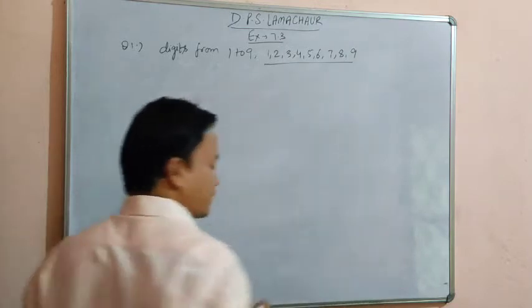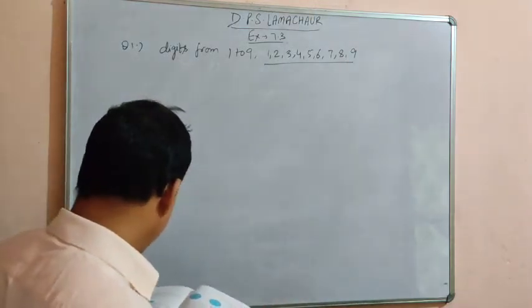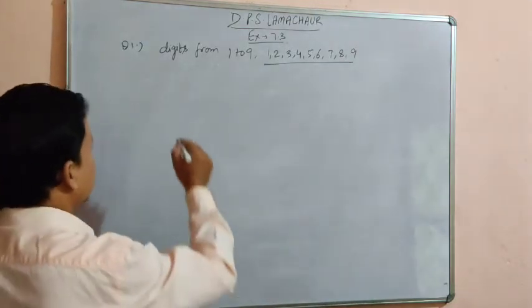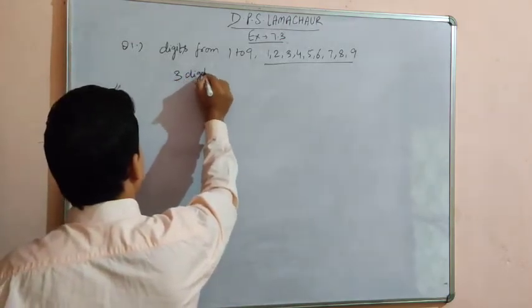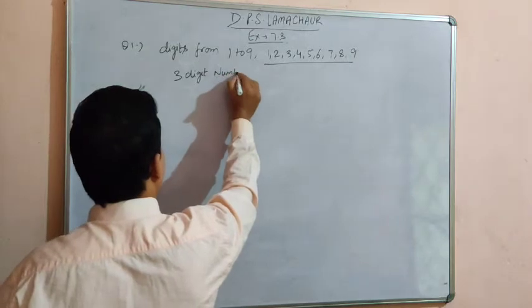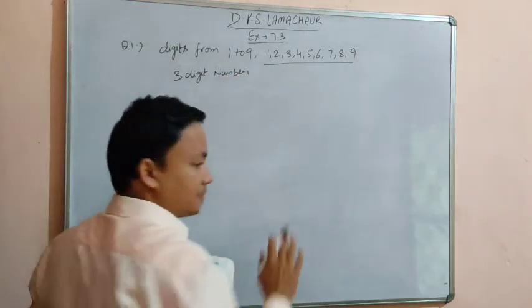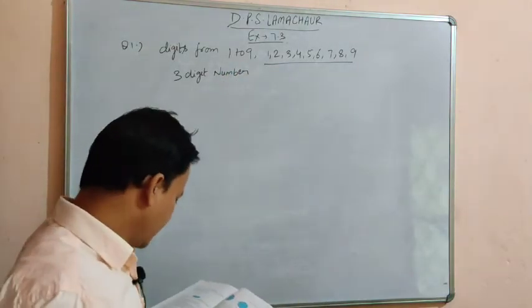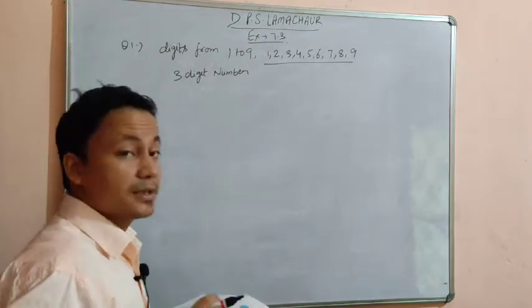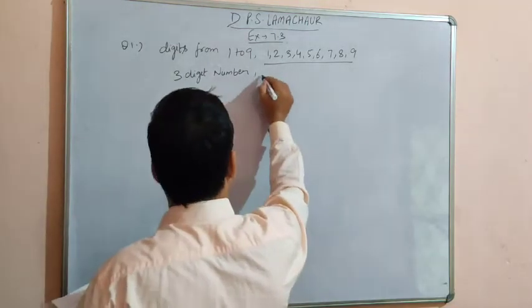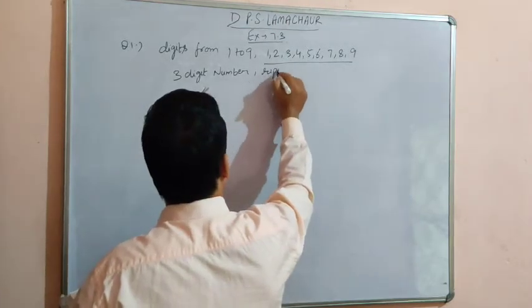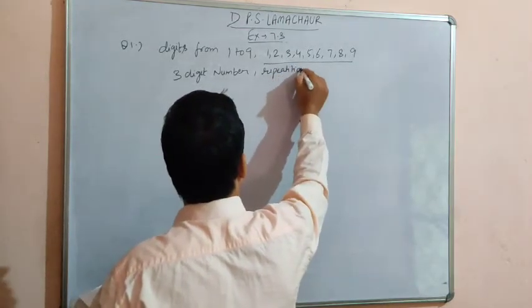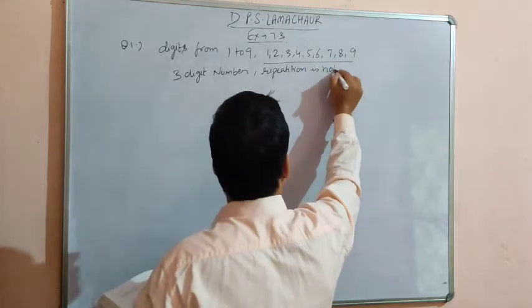These are digits which we have, and we have to make a 3-digit number by using all these numbers. But what is the condition? No digit is repeated. Repetition is not allowed.